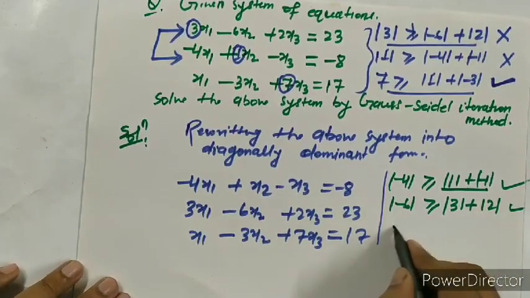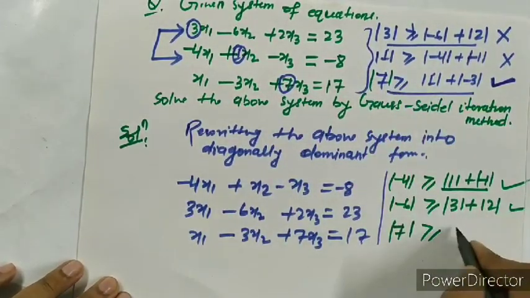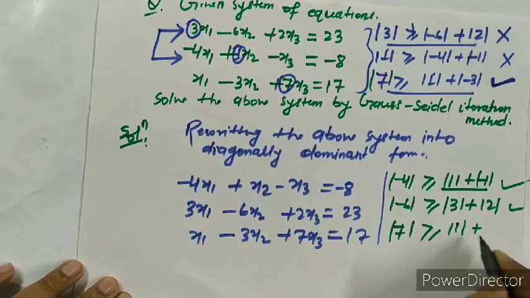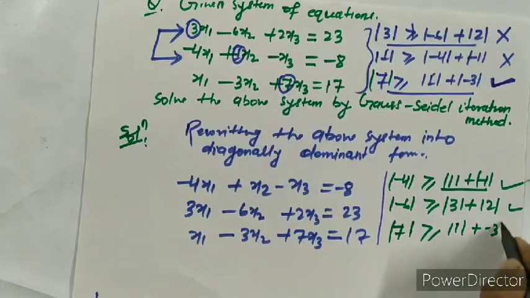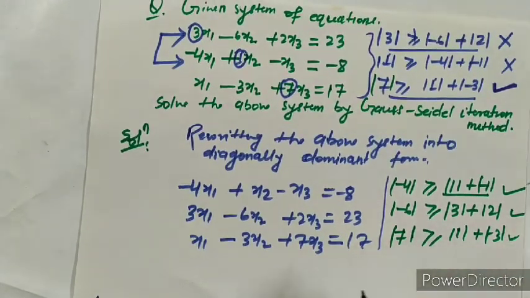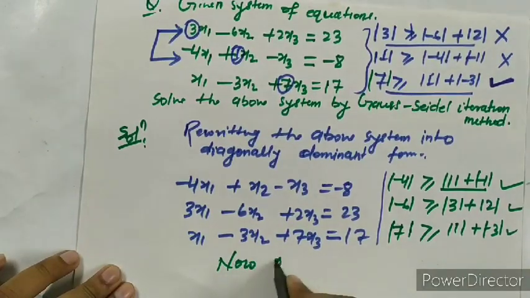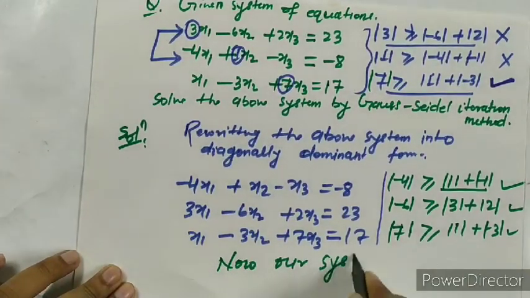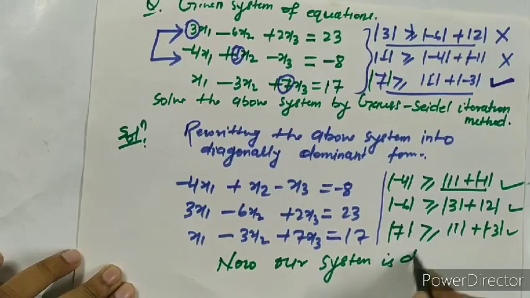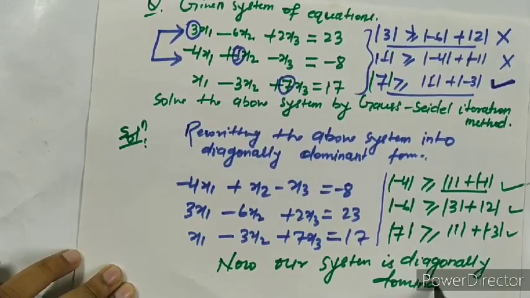Similarly, ये तो ऑलरेडी है, magnitude value greater equal to 1 plus -3. ओके, ये क्या है, होल्ड कर रहा है, दैट मीन्स नाउ आवर सिस्टम इज डायगोनली डोमिनेंट. Okay, is it clear?